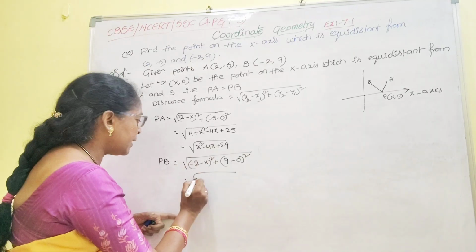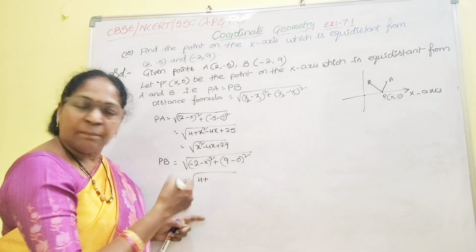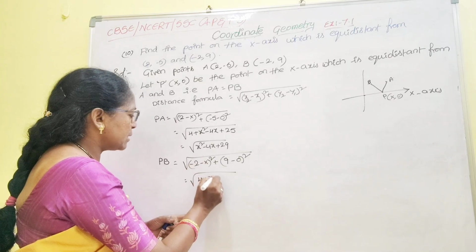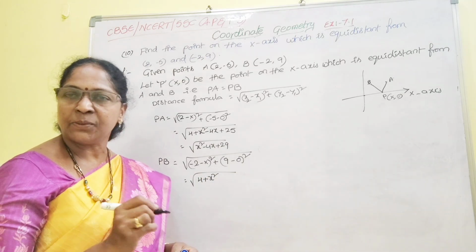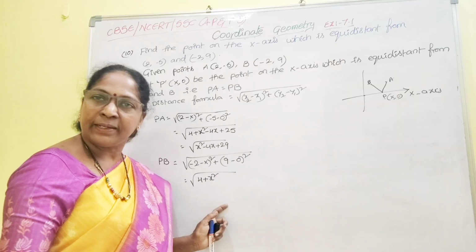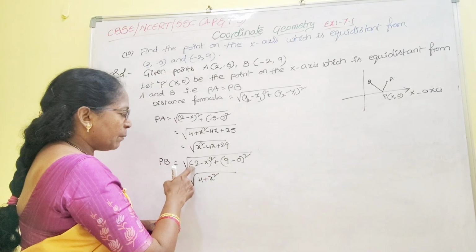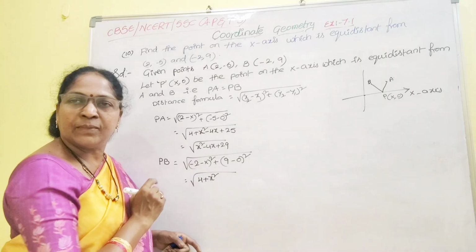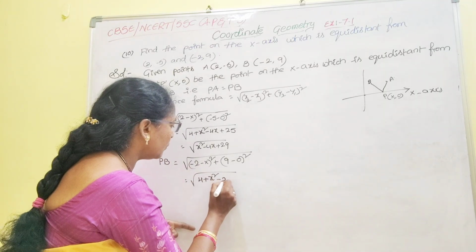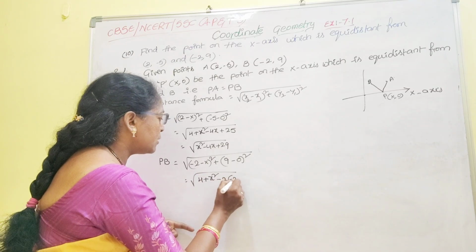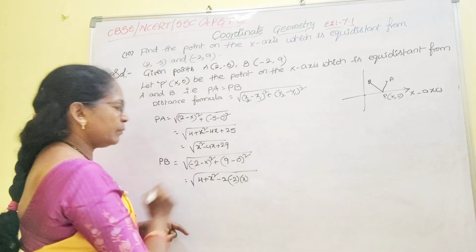A square means minus 2 whole square, which is 4, plus B square, that is x square, minus 2AB, which is minus 2 into minus 2 into x, giving plus 4x.